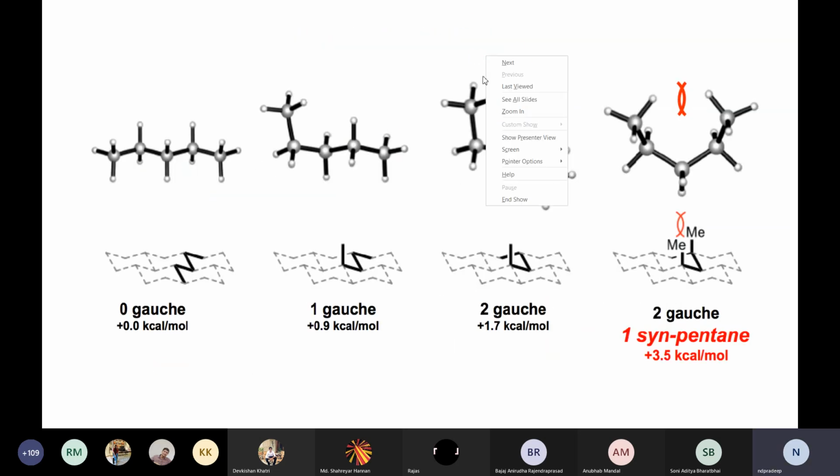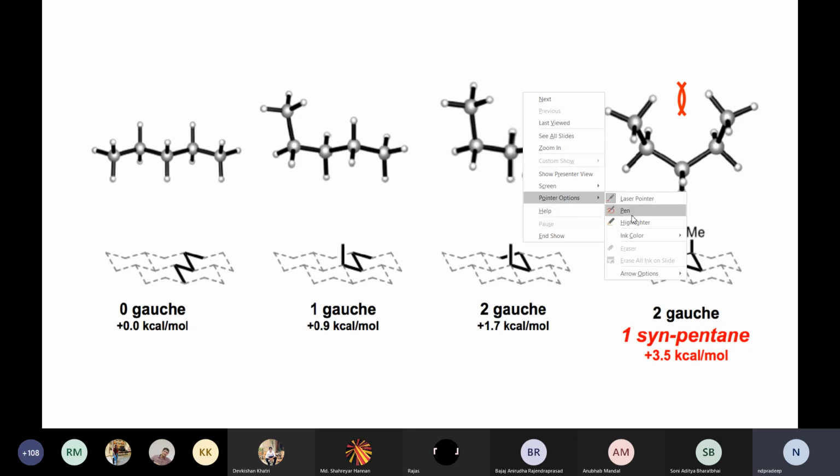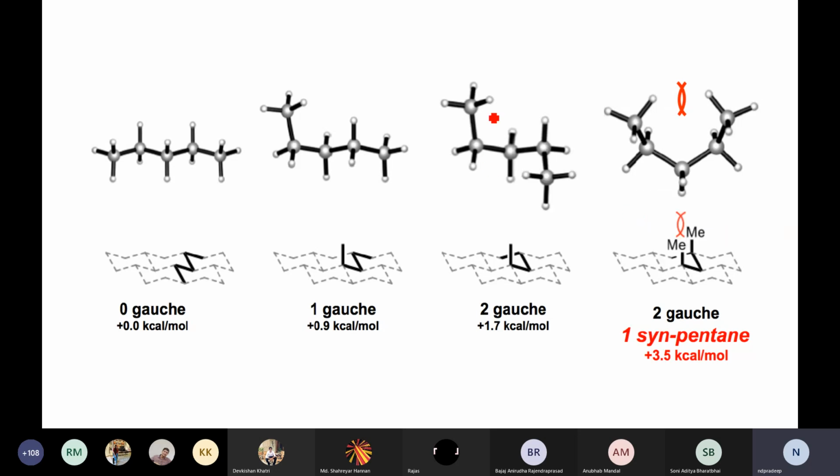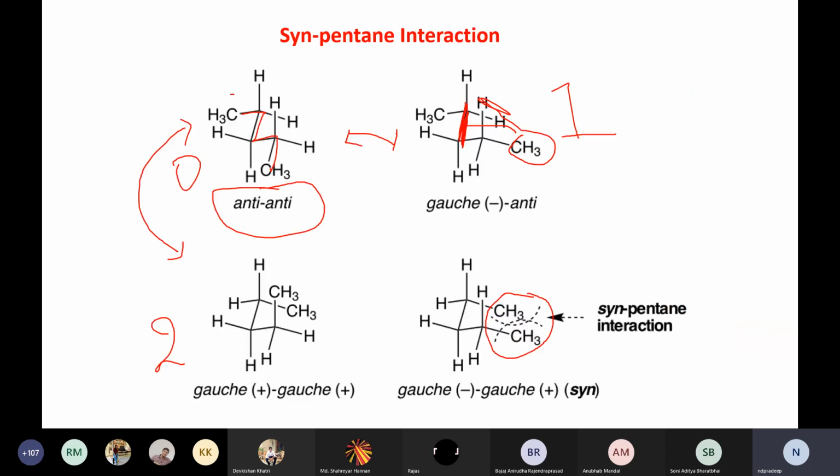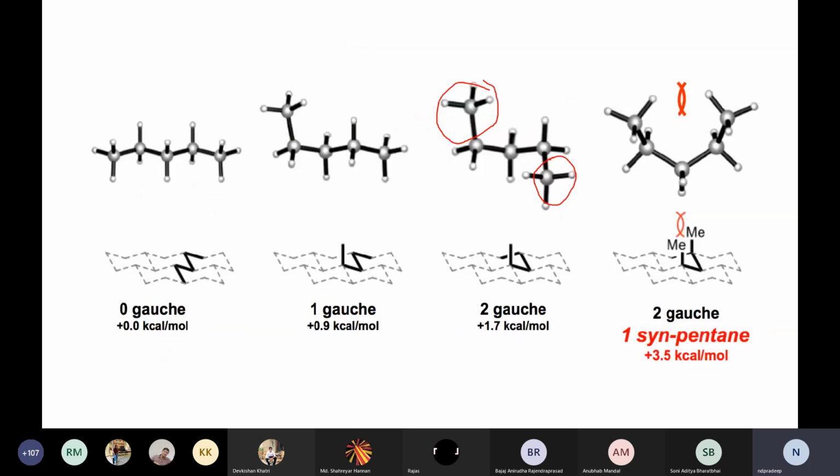This is the easy way to understand, but not the tricky one. You take this methyl and this methyl. How they are projected, you have to look. If you look into them, both will be in the same plane only, so you can call them plus plus.